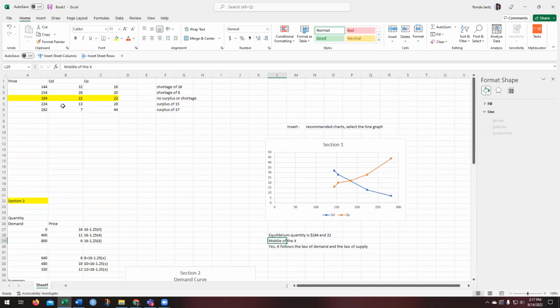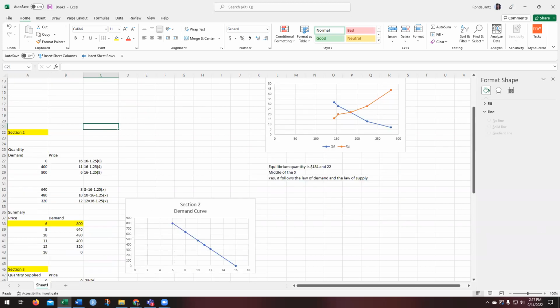You could just pick anyone. So if we were to charge $284, we would have consumers demanding 7 of them, but suppliers are going to want to supply 44 because that's a pretty good price for them. So those are the main parts.